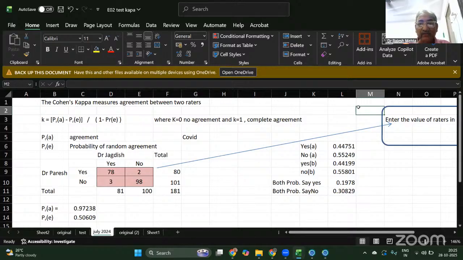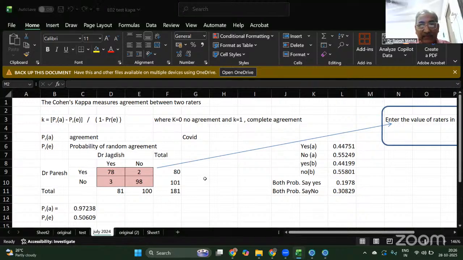Any question? I hope you are allowed to unmute your mic, because once upon a time it was not possible to unmute. Can you unmute? Any question? You can write in the chat.